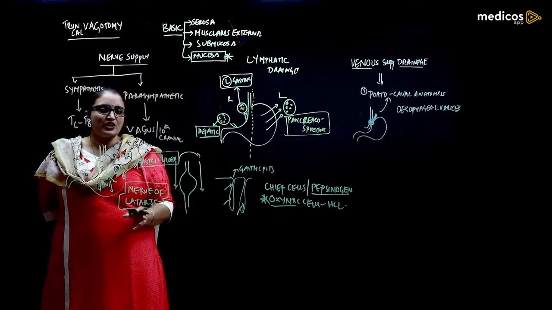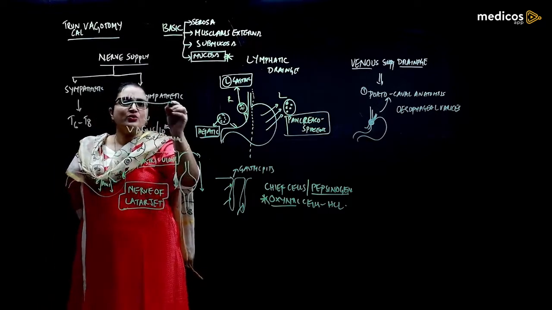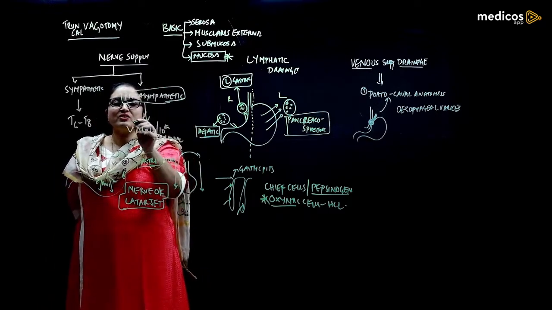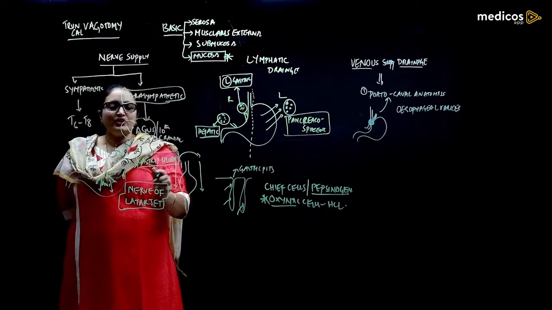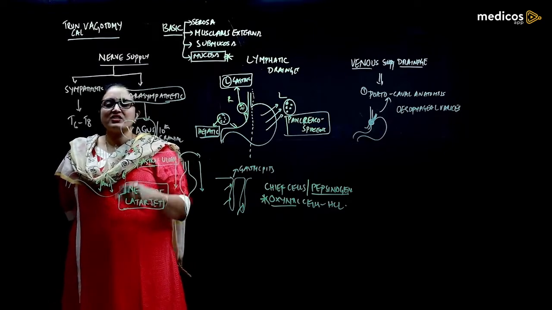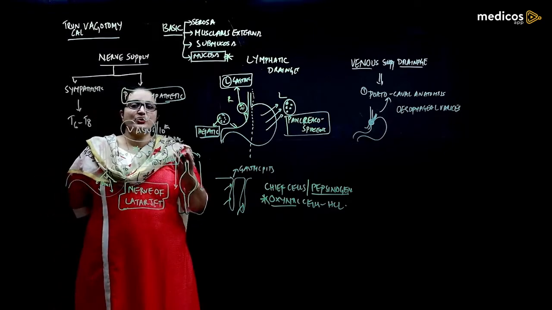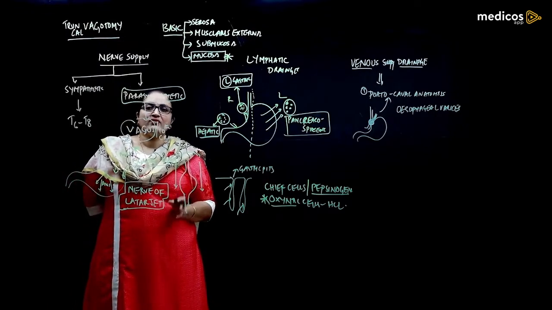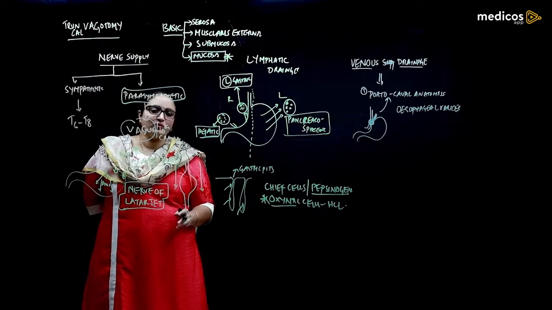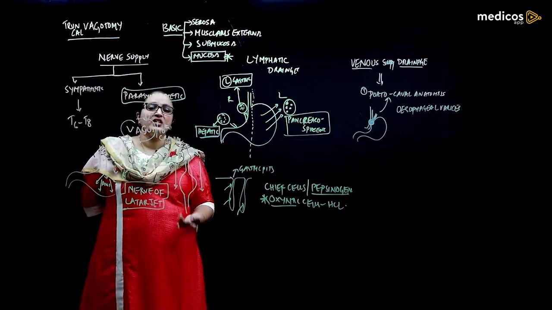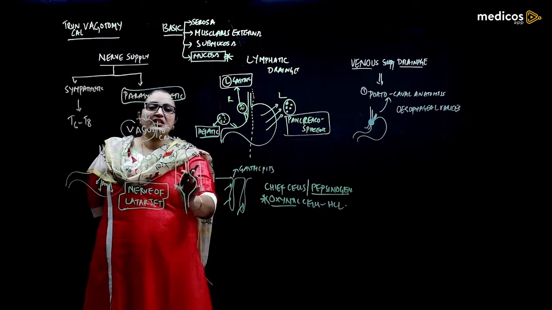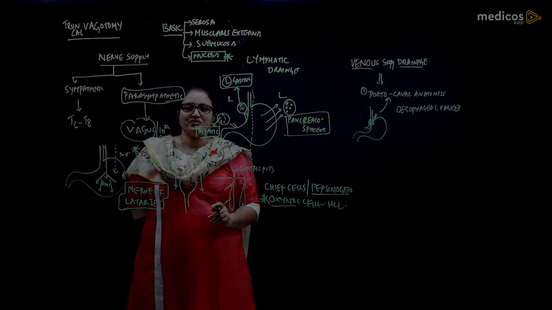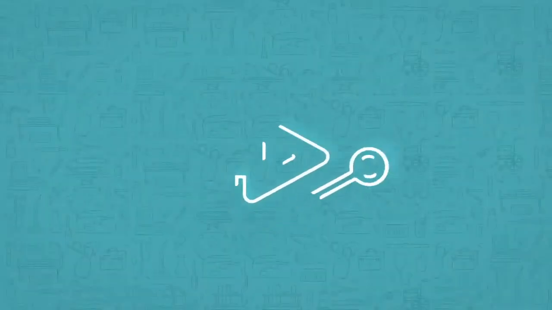So, for the secretion of gastric acid, you have the importance of the parasympathetic, which is the vagus nerve, and during gastric ulcers, or excess production of gastric fluid, you need to cut down the vagal supply. The commonly done one is the truncal vagotomy. Why? Because there are two trunks, the anterior trunk and posterior trunk, which are derived from the right and left vagus nerves.